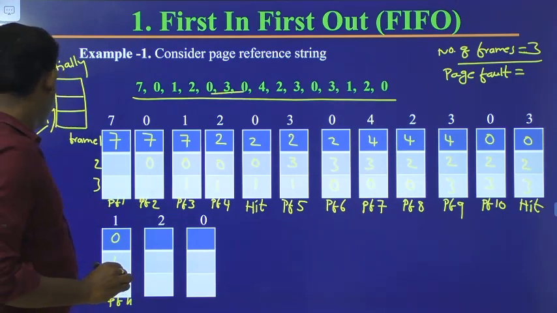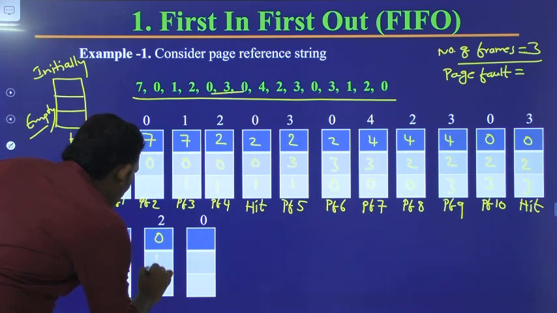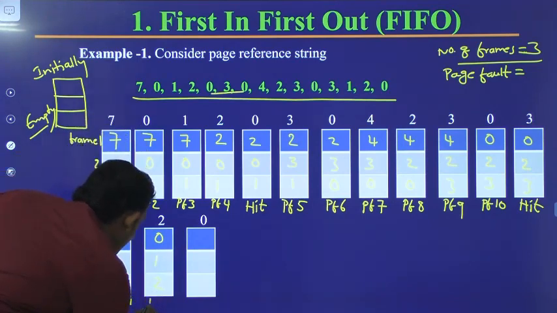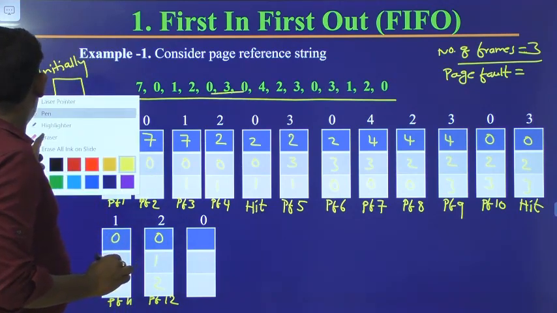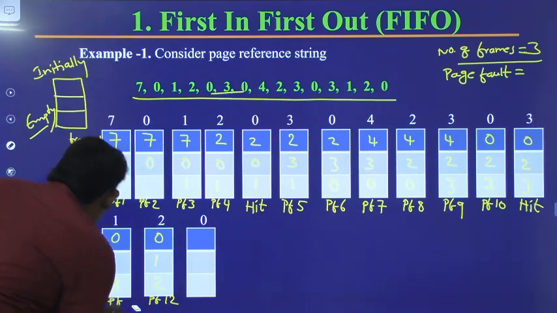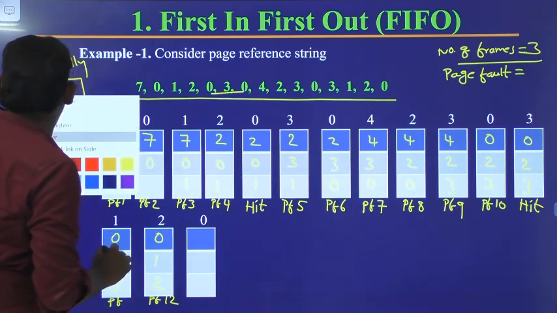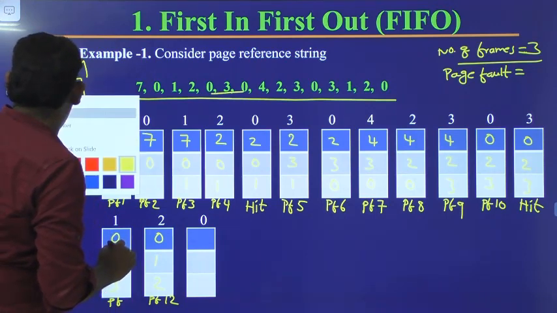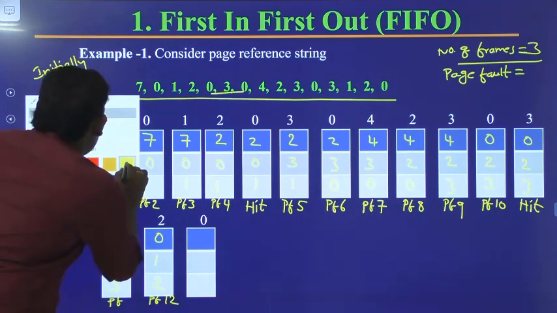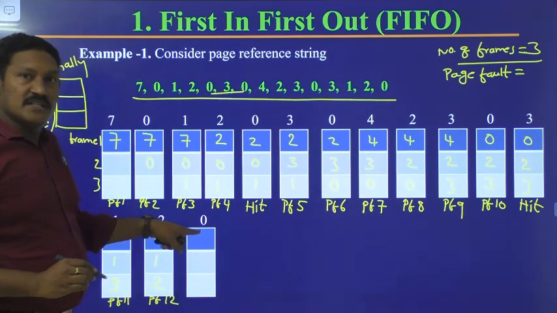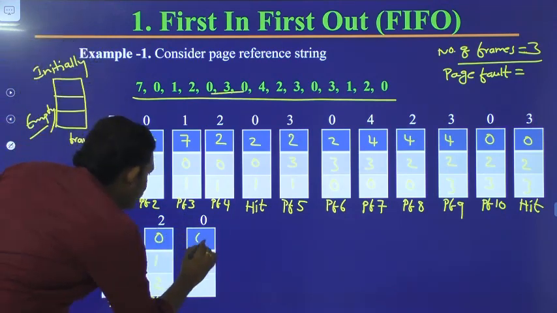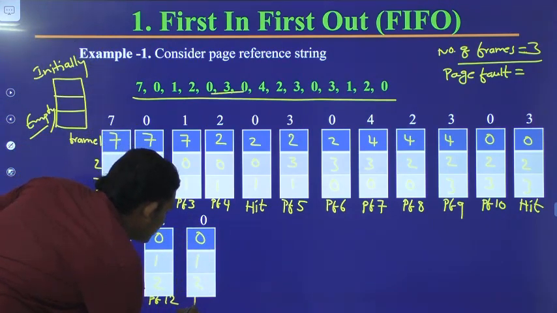Next 2 should be placed: 0, 1, 2. Page fault 12. Next we are searching for 0. 0 is already there: 0, 1, 2. This is a hit.